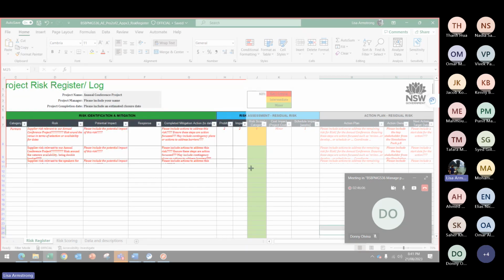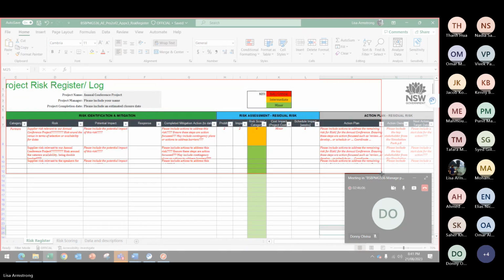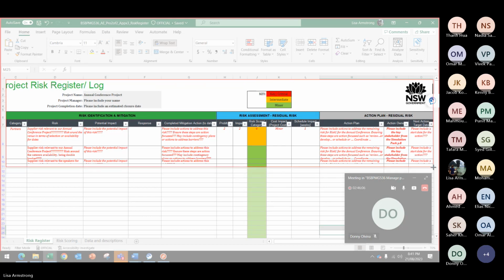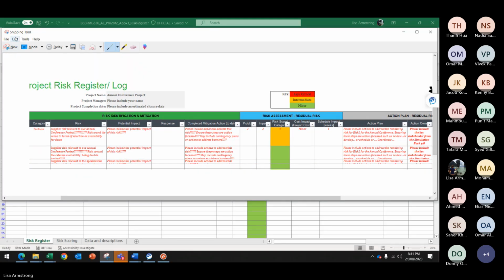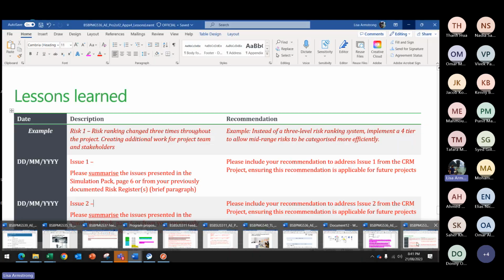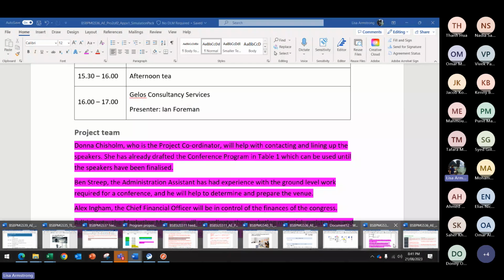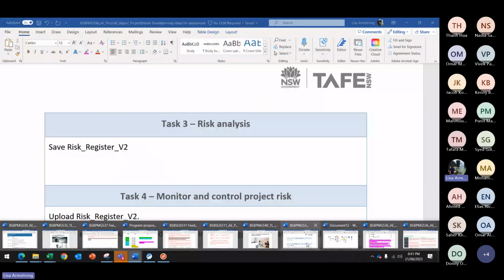Okay, let's get our risk. And I'll go back into, as always, the project document.